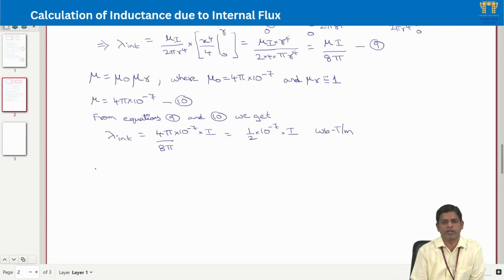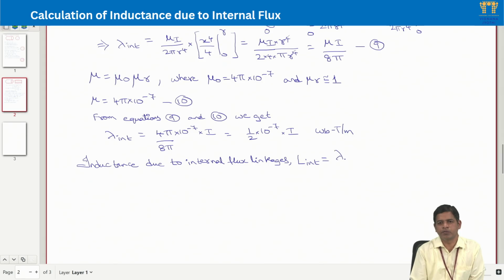Now, if I want inductance due to internal flux, or internal flux linkages, that can be found as L is equal to lambda by I. So from above equation, if this equation is say equation 11, from this above equation we can write lambda internal by I is equal to half into 10 power minus 7.